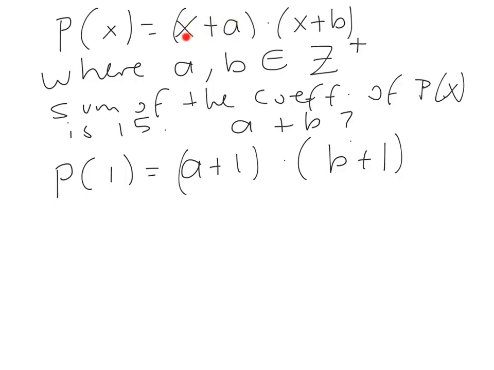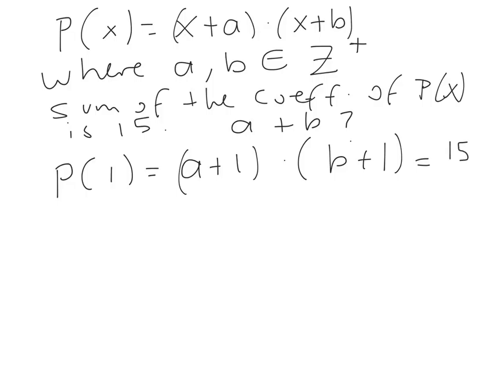Okay, let's remember x plus a. I plugged in 1 for x, then I plugged in 1 for x again. So 1 plus a times 1 plus b. So it must be equal to 15.